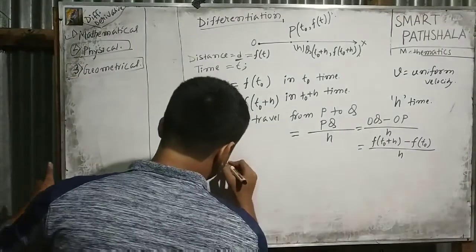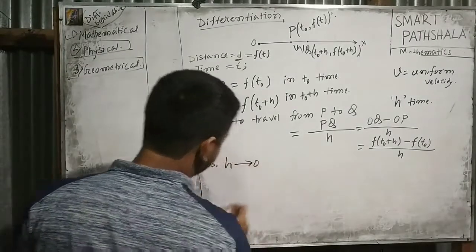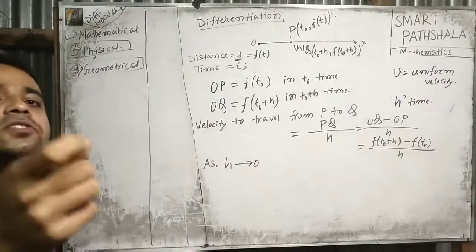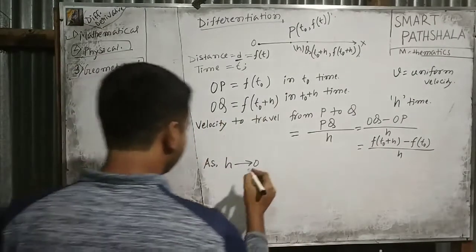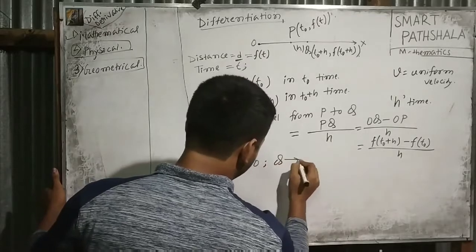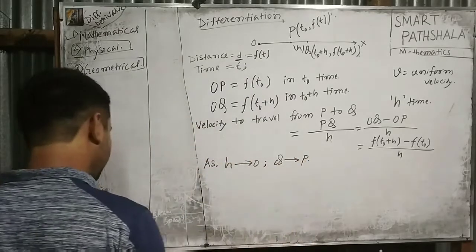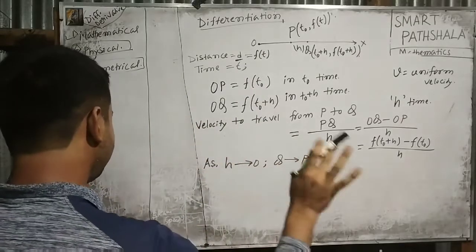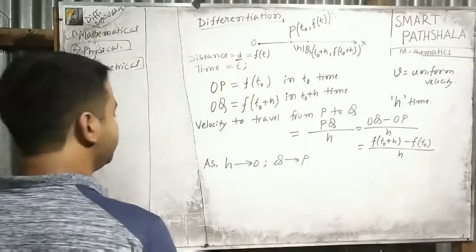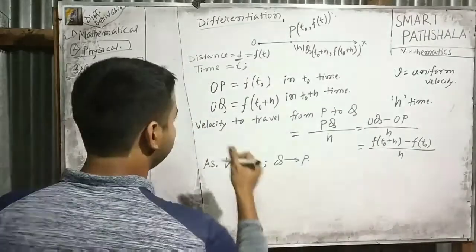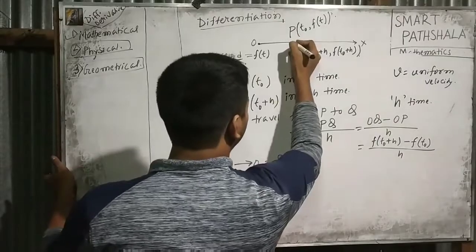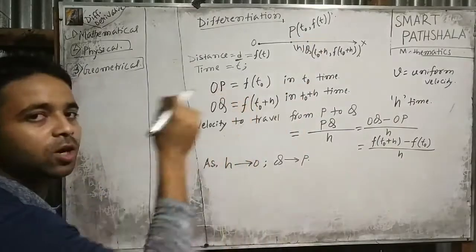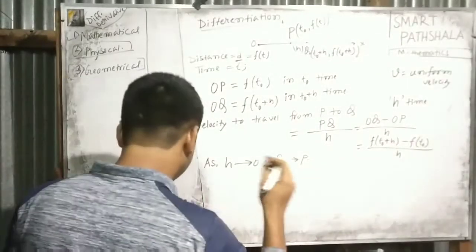As h tends towards 0, which means in very infinitesimal time, then obviously Q will also tend towards P. Right? Hence, if Q is tending towards P, the distance will be very small. You can't detect it with the naked eye.